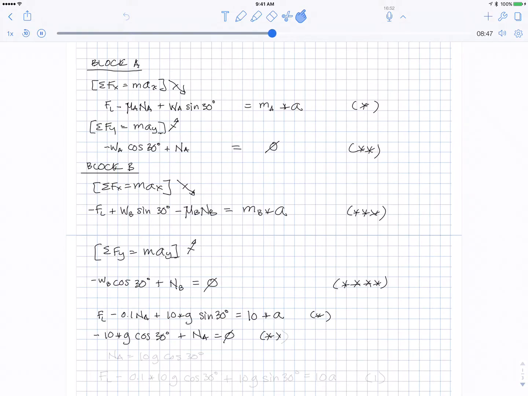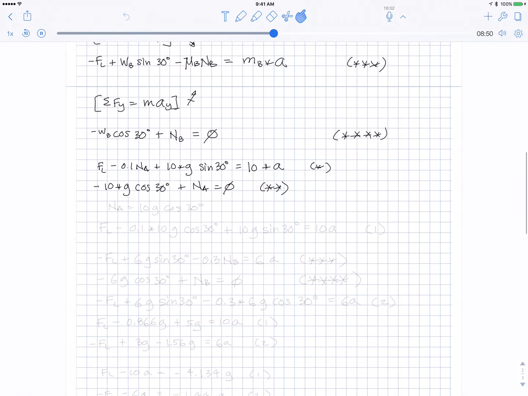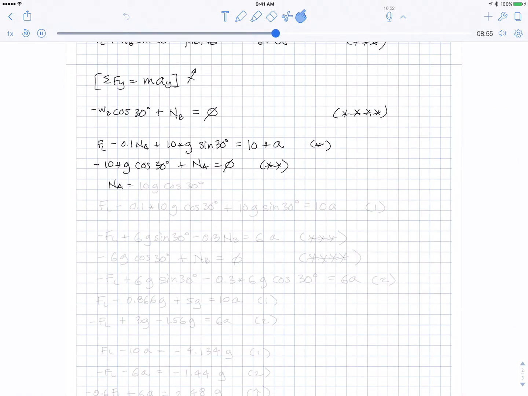I'm going to put equation 2 into equation 1. So NA equals 10G cos 30 degrees, and we get force of the link minus 0.1 times 10G cos 30 degrees plus 10G sine 30 degrees equals 10A. I'll call that a new equation 1.